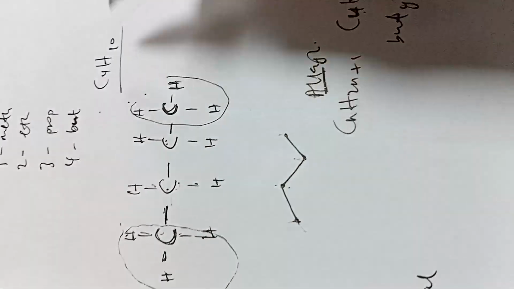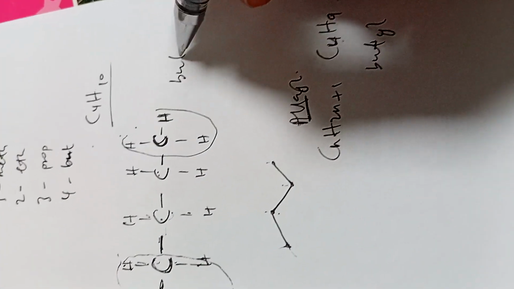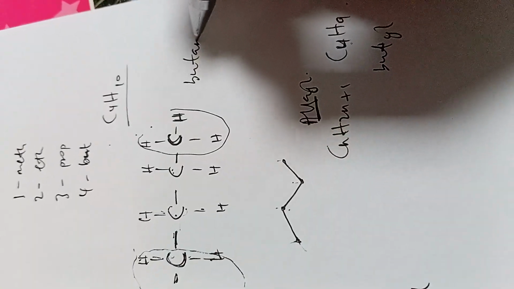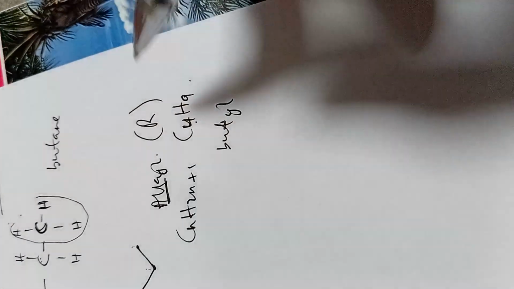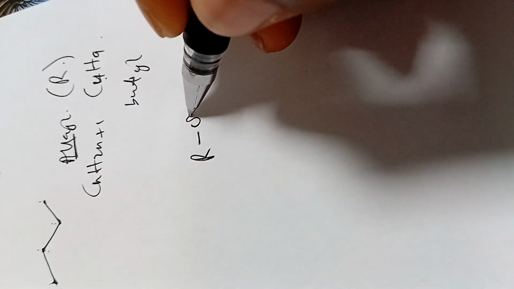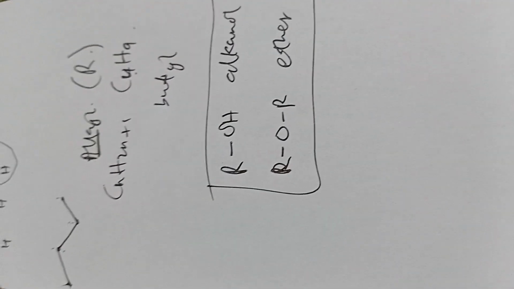Like here, we saw 4 carbons in the alkane, so the alk is but, we add our ane. So butane, just like that. Our alkyl groups are represented by R. This will help us get other functional groups. So this is what? The alkanol, and this is what? The ether. Later on, we'll talk about their naming and everything. I just want to give an overview.